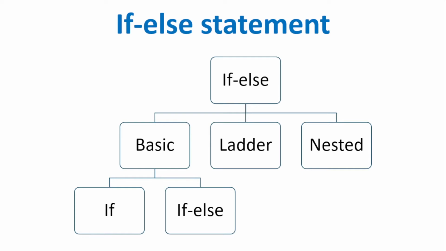Let's look at a practical example. Imagine a temperature sensor connected to a microcontroller, continuously sending temperature data. With the help of the if statement, we can write a C program that checks whether the temperature is below 20 degrees Celsius.